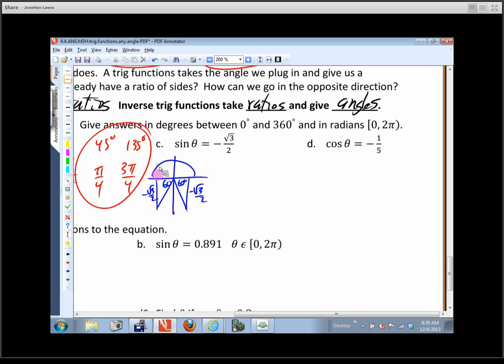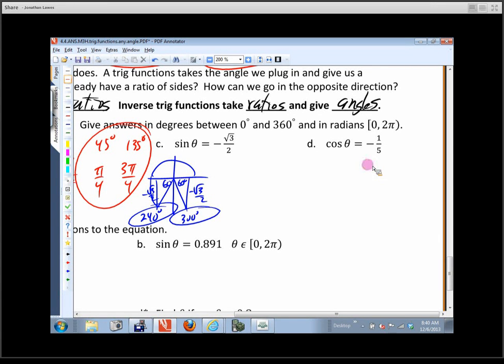I've used 180 degrees, and for this first answer, all I need to do is take 180 and add 60, so that's 240 degrees. On this one, I'm 60 degrees short of 360, so that's going to be 360 minus 60, so I get 300 there. Okay, those are the two answers in degrees. You can write down their radian equivalent quickly, right?